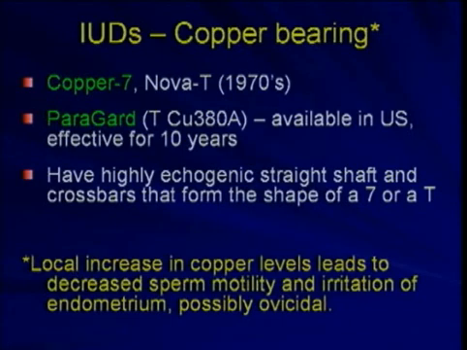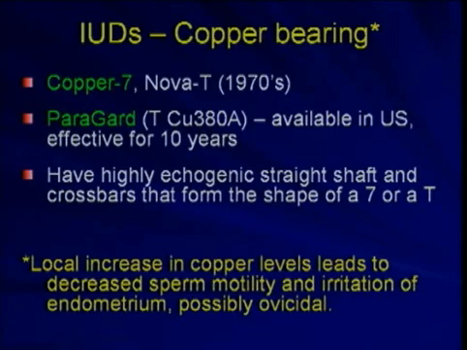Now, of the copper-bearing IUDs, the most common that you're likely to see is the Paragard T-shaped IUD, which is available widely in the United States and is effective for 10 years. One may see also the copper 7 IUD.